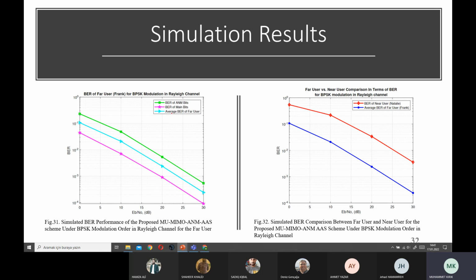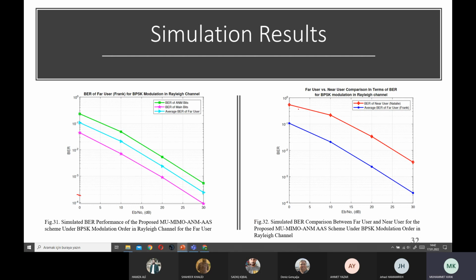As you can see, given in the blue line, we are achieving something between 10 to the -3 and -4, which is the same bit error rate performance as the antenna number modulation without the multi-user. So in this case, we can say that we are not degrading the bit error rate performance of the far user.